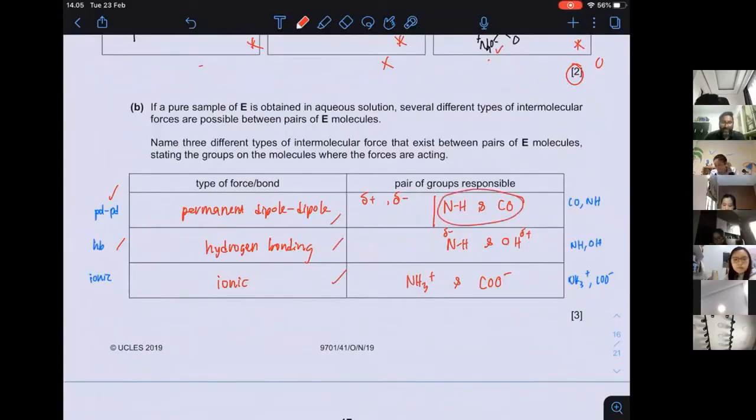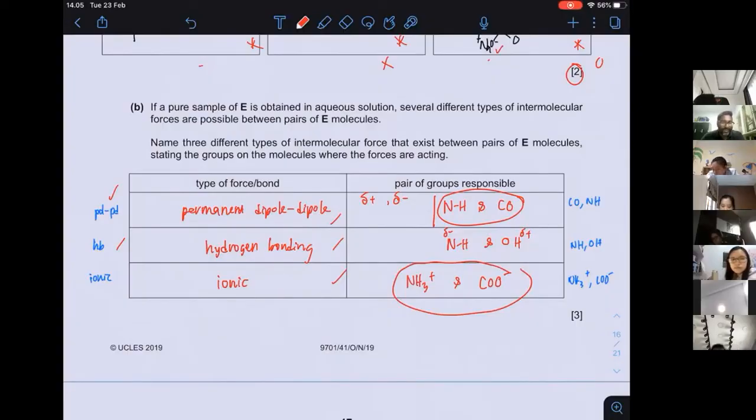For example, if you just say ammonium NH3 plus alone, it's not enough. You need to mention NH3 plus and COO minus.